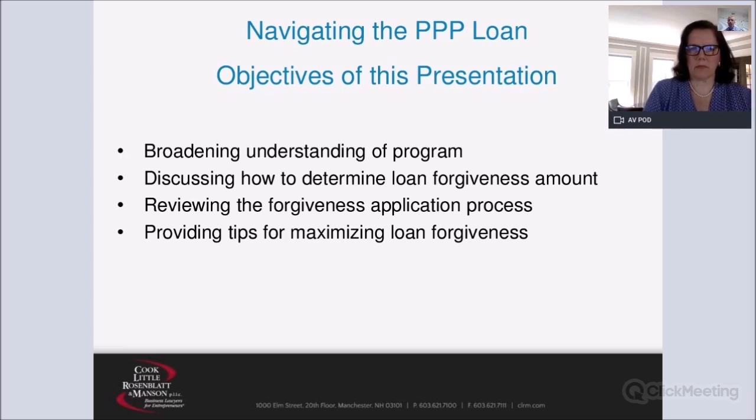Obviously you need to be aware of what that process looks like, how to apply, when to apply, where you apply, and just what that process will look like when you get there. And finally, we just want to talk about some tips that we've got to try to maximize the loan forgiveness that you might be able to obtain. So we want you to try to avoid problems and be ready to apply when the opportunity arises.